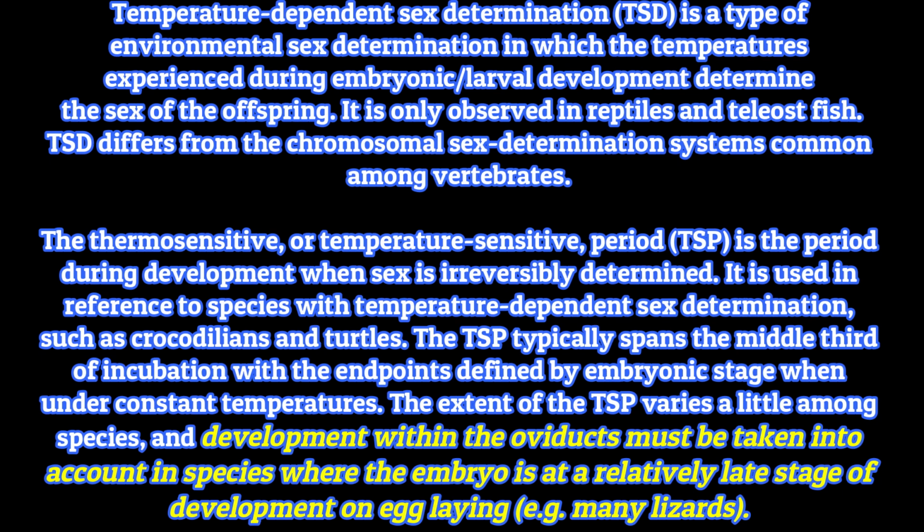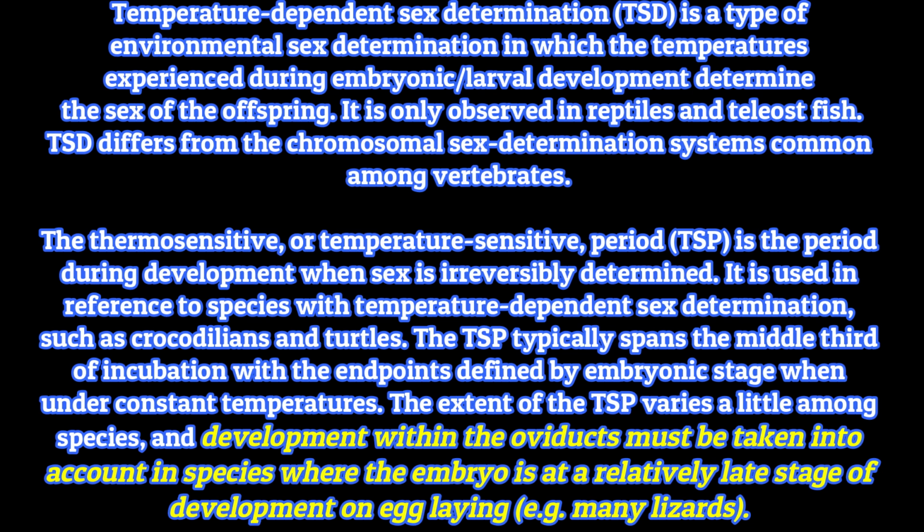Now, the important takeaway here is that there is a thermosensitive period. There is a particular period during egg development when temperature is particularly important in determining the sex of the offspring. And this is usually the middle third of incubation.